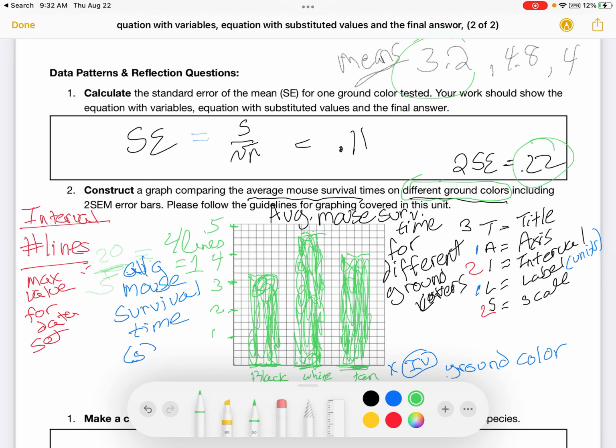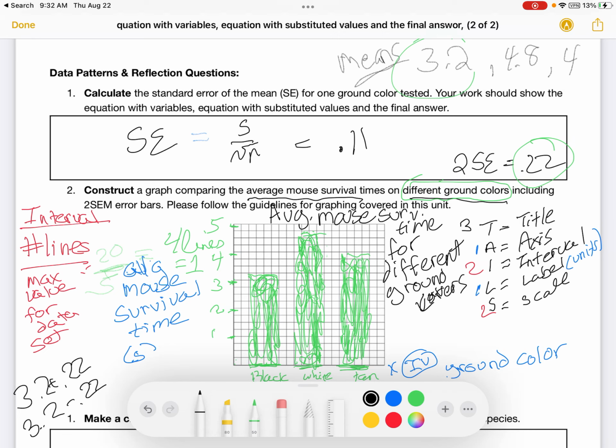So I go over here, and that 2 SEM was 0.22. If I add 3.2 and 0.22, I come up with 3.42. So all I'm doing is 3.2 plus 0.22, and then I'm going to do 3.2 minus 0.22.